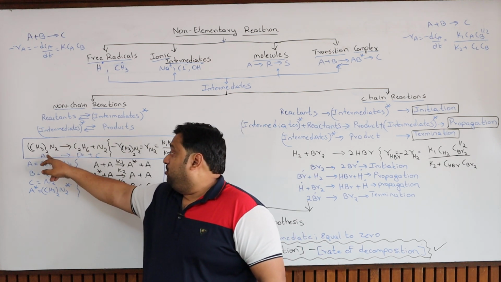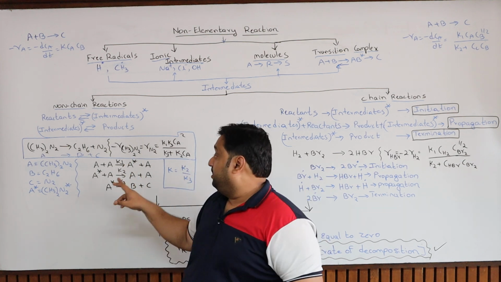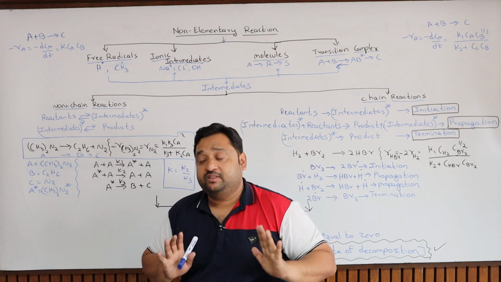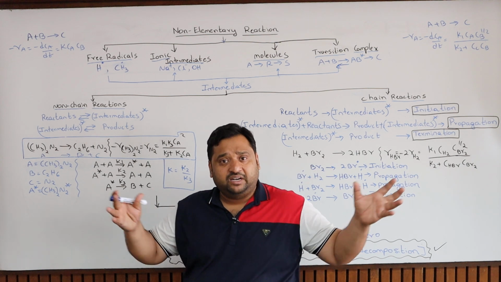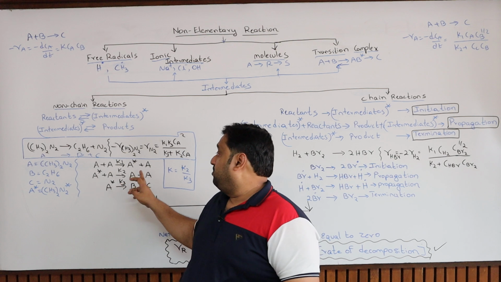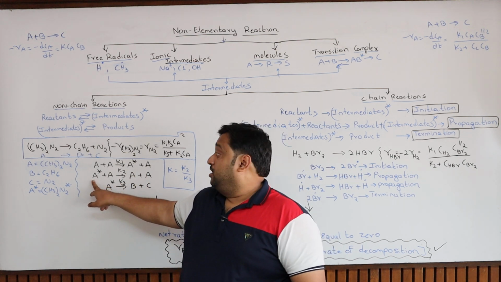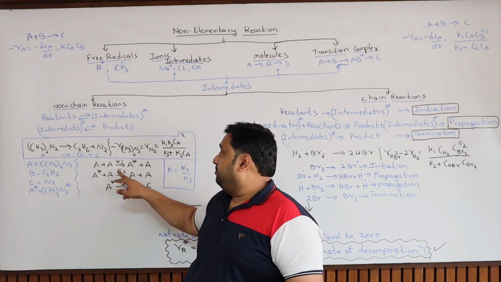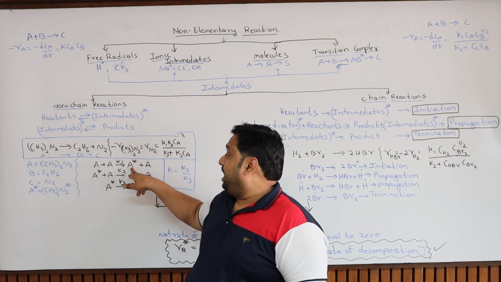Maybe one molecule of azomethane collides with another molecule of azomethane to form one active azomethane and one normal azomethane, because energy exchange takes place. One molecule of azomethane is in the active state and one molecule is in the normal state. This active molecule can react with a normal molecule again, because this is a reverse reaction, where two normal molecules become one active and one normal.